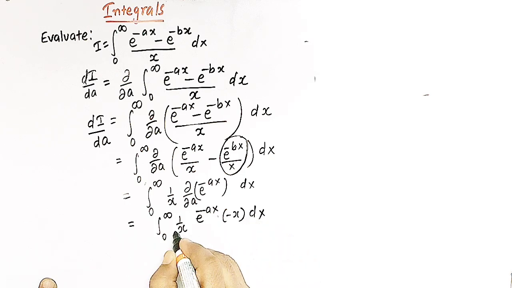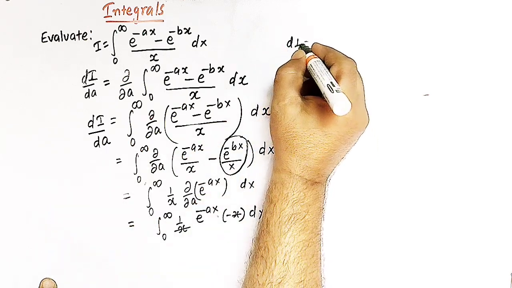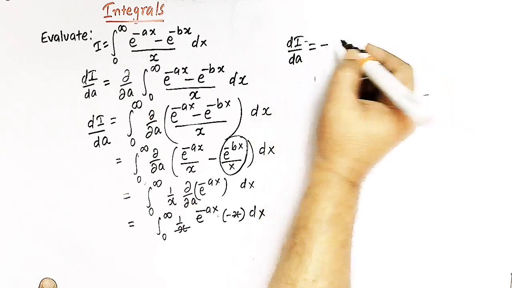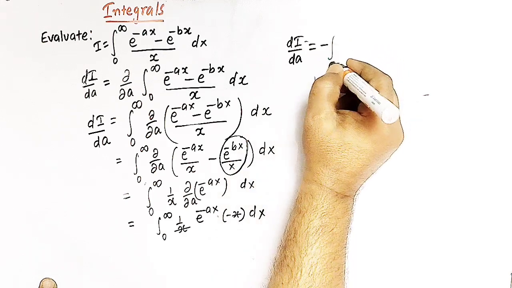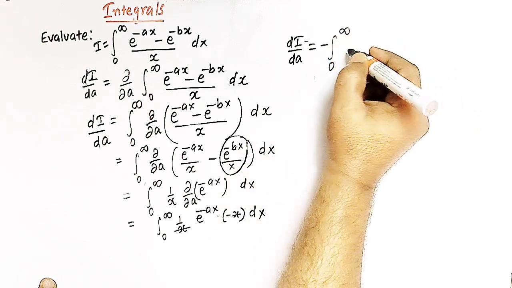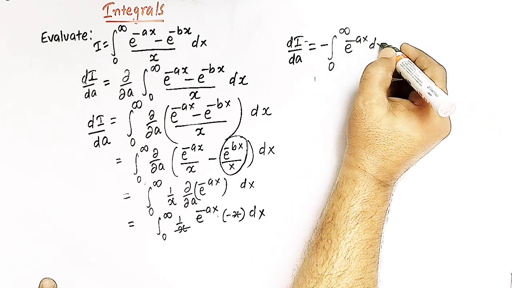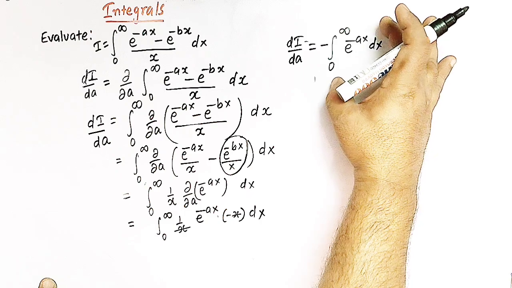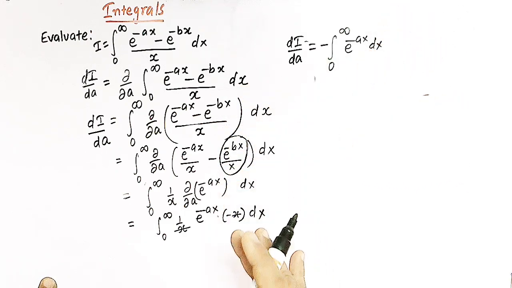So here x and x get cancelled, so now we have dI over da equal to negative. We can take this negative outside the integral sign, so we have the integral from 0 to infinity of e raised to minus ax dx. Now we'll solve this integral by the usual method, and then we'll have a differential equation.